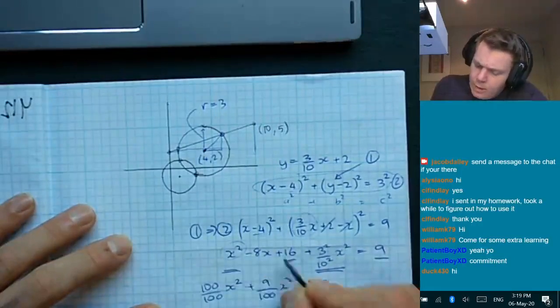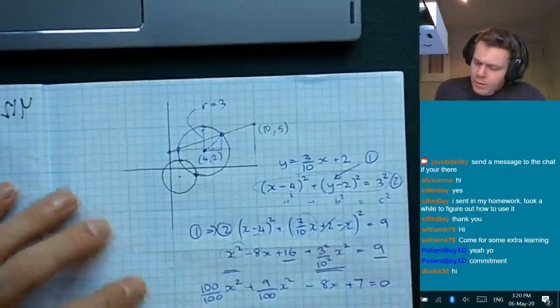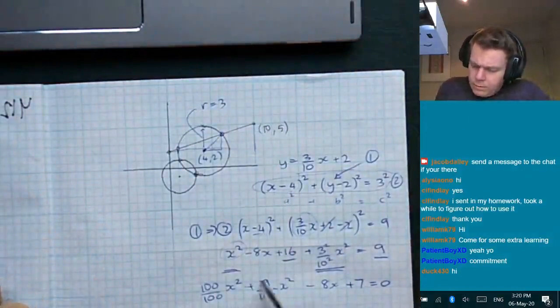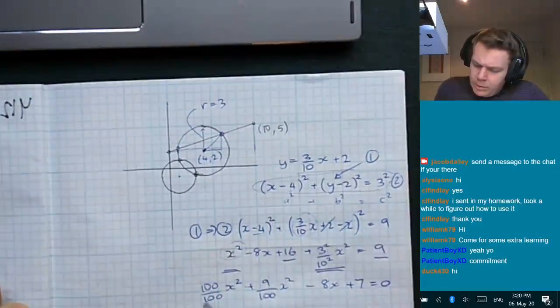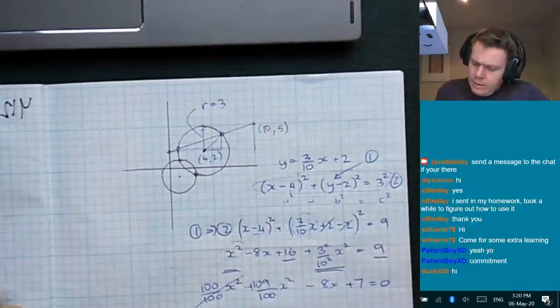Nothing happens to the minus 8x, and the 16 will get 9 subtracted from it, so we get 7 equals 0. To do this really quickly, we could just make that 109 x squared over 100.